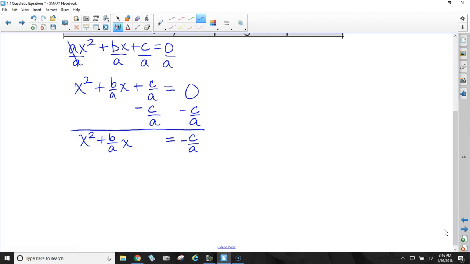The next step here was to find the magic number that would make the left-hand side be a perfect square trinomial. So remember, what we do is we take the coefficient of x, that would be the b over a, and we take half of that, that would simplify to be b over 2a, and then the next step is we square it.